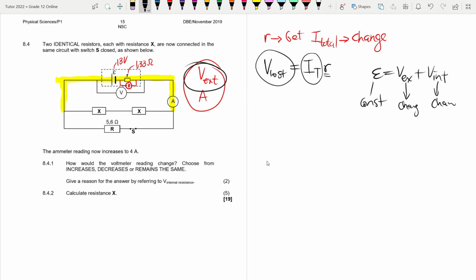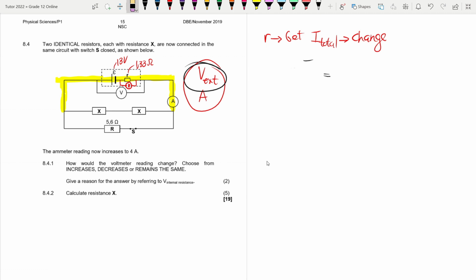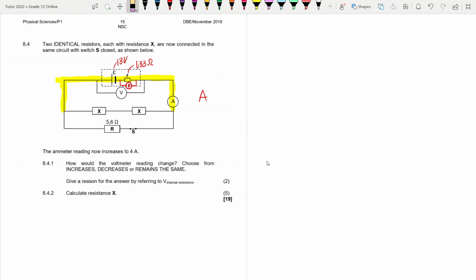It has to counteract the change. Do you agree? Yeah, so Chedza asked this question. I don't know if now it makes sense that V external and current are both going to change. So what we can label is only internal resistance and EMF.